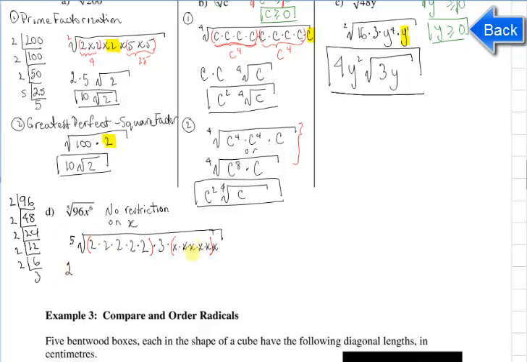And then I take the fifth root of this group of x's over here, and that gives me x. And so then I'm going to go the fifth root of, and what's left over inside our radical sign is a 3 and an x. So that leaves me with 3x inside, and so my answer is 2x, fifth root of 3x. So that concludes our example number 2.